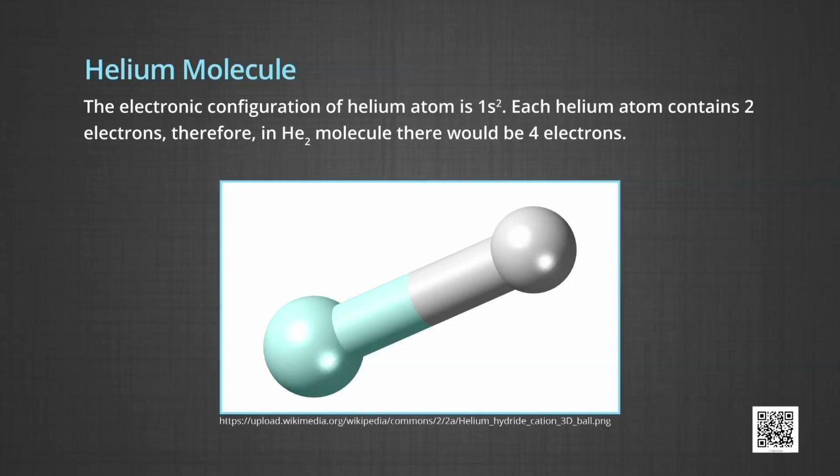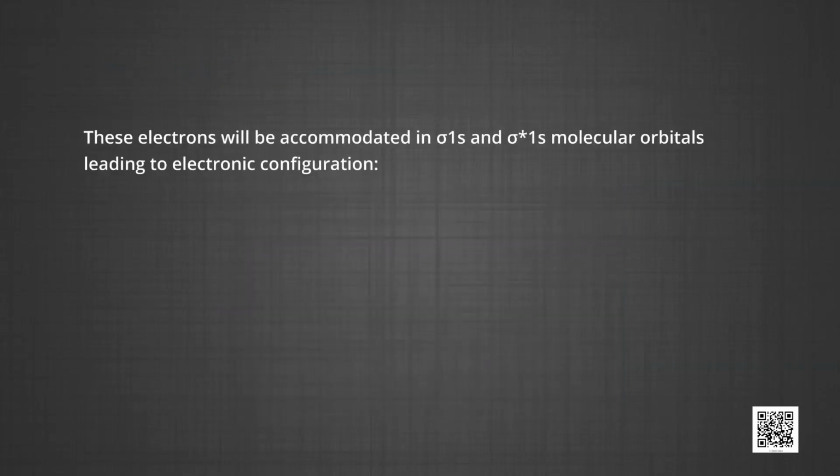The electronic configuration of helium atom is 1s2. Each helium atom contains 2 electrons. Therefore, in the He2 molecule, there would be 4 electrons. These electrons will be accommodated in sigma 1s and sigma antibonding 1s molecular orbitals, leading to electronic configuration sigma 1s2, sigma antibonding 1s2.